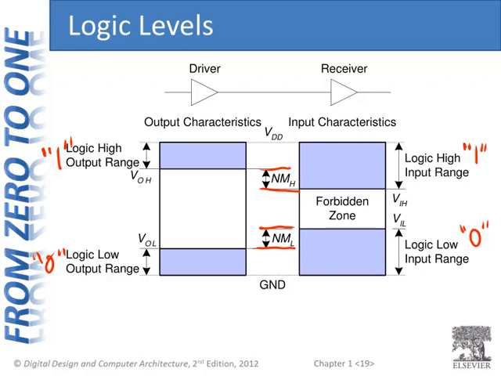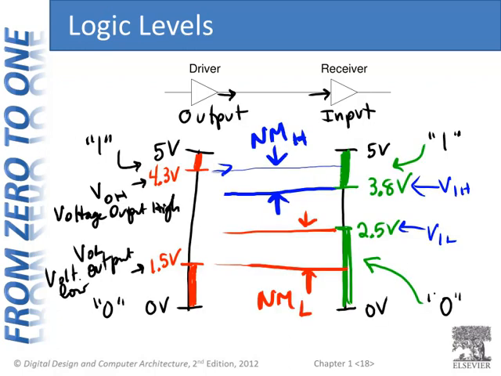And when doing these kind of problems, I strongly recommend drawing a picture like this. It's easy to flop these and try to remember, is it voltage input high minus voltage output high, or vice versa? If you draw the picture, it's a lot more clear.